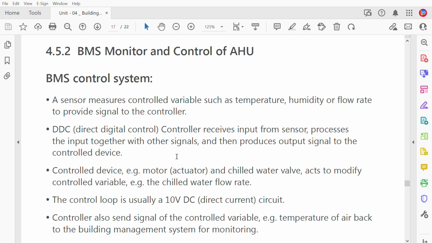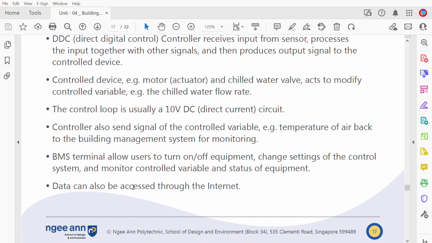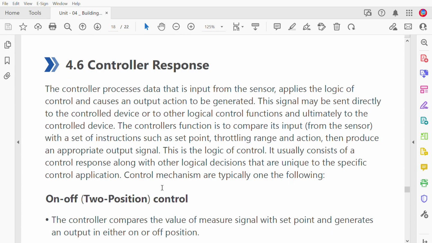The control device, for example the motor and chilled water valve, acts to modify the control variables, and then the controller, usually on a 10 volt circuit, sends back the signal and controls the variables. So this is how control systems can be done fairly easily. The BMS terminal usually allows you to switch equipment on and off, change settings, and view the status of the control variables. Data can also be accessed through the internet.